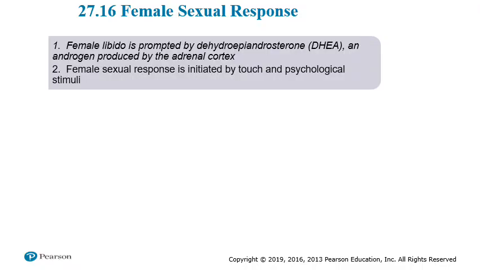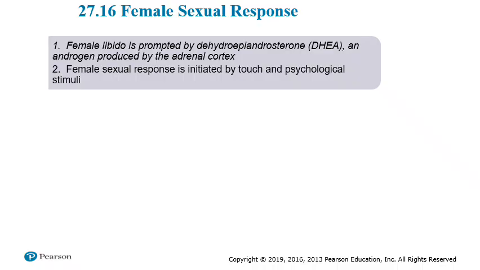So let's take a look at the female sexual response. First of all, the female libido is prompted by a hormone produced in the adrenal cortex, an androgenic hormone, which is dehydroepiandrosterone. And the female sexual response is initiated by touch and psychological stimuli.